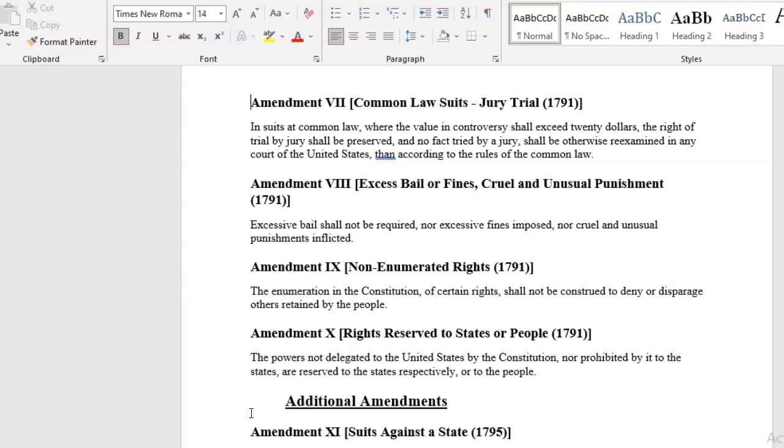And common law is pretty simple. Common law says, don't damage me or my property, and don't break any contracts with me that damage me. So that's pretty much it. If you don't damage anybody else or their property, and you don't break any contracts, then you shouldn't have any problems.